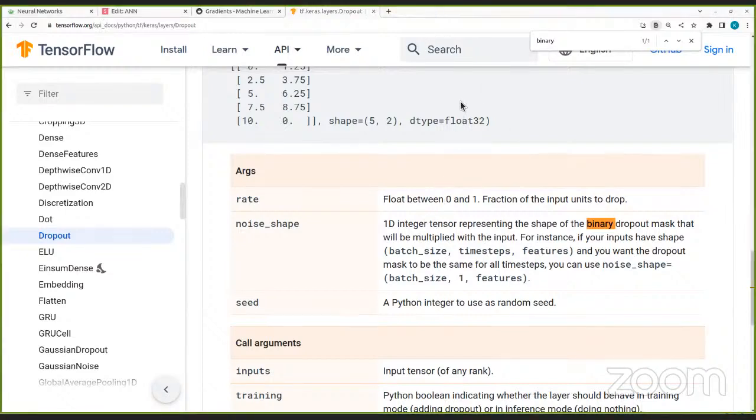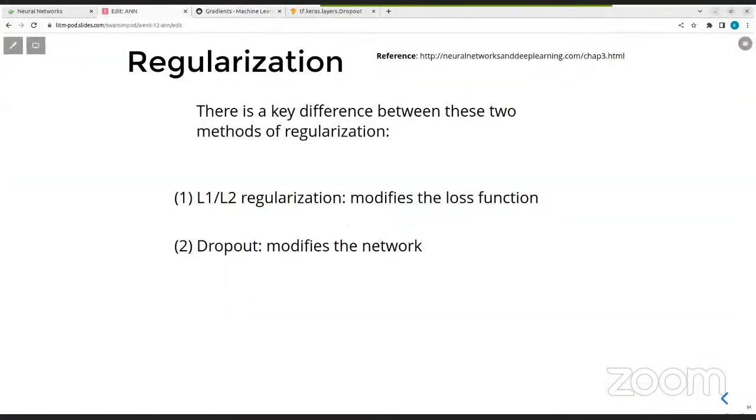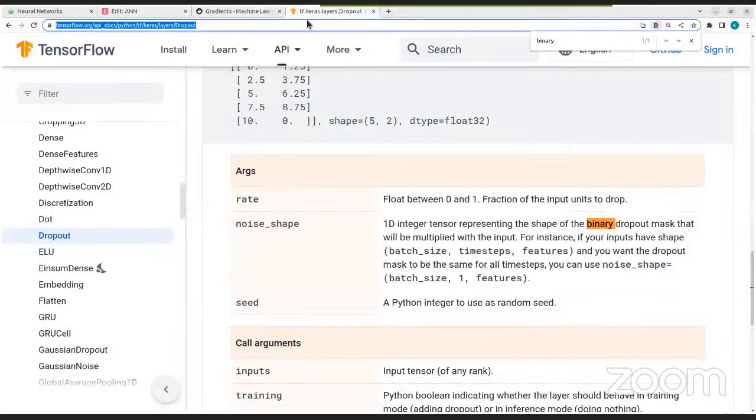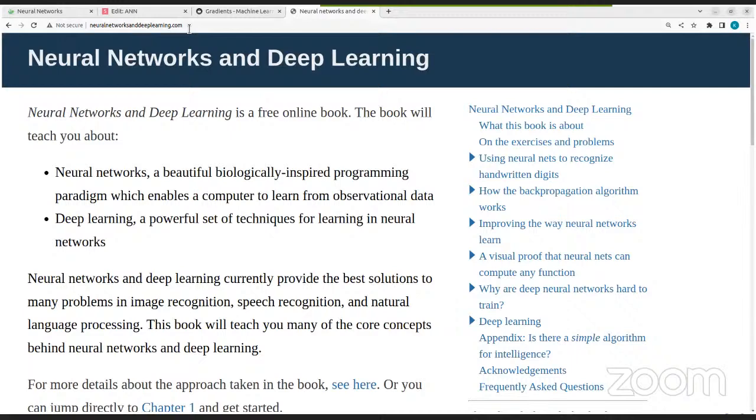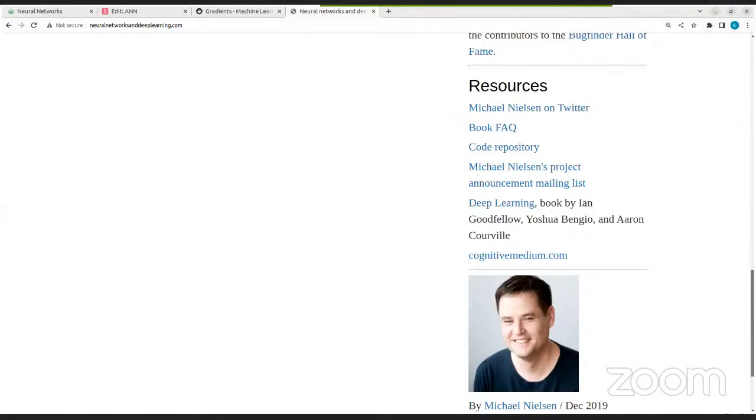Any other questions? There are a lot of things we have not covered because this itself is quite heavy. If you are interested, a few resources are like this book that I briefly mentioned, written by Michael Nielsen.